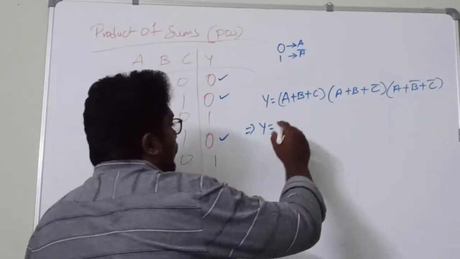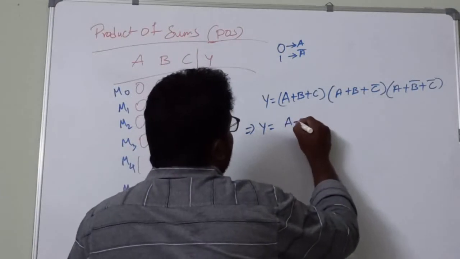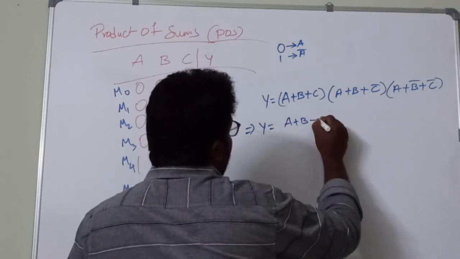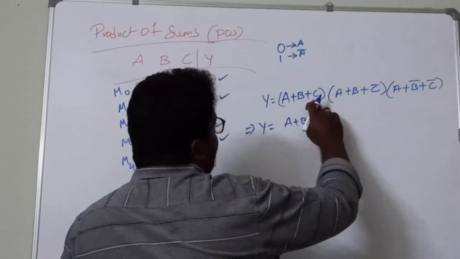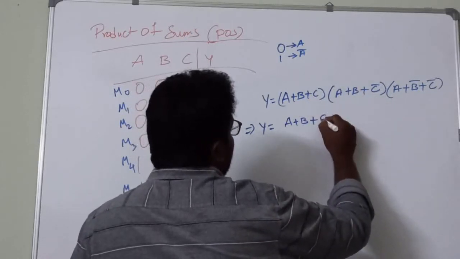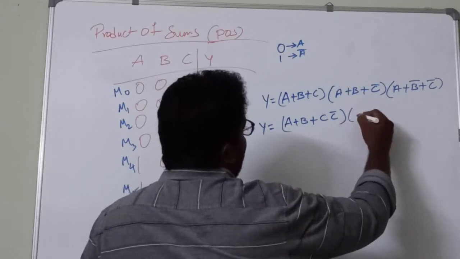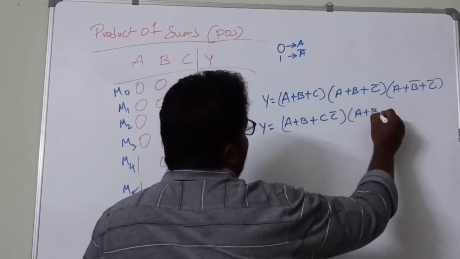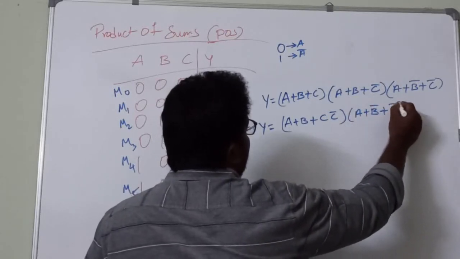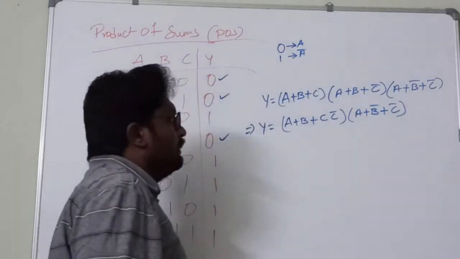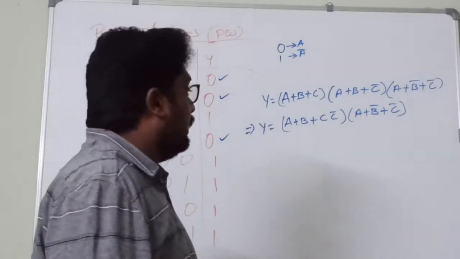So now I am taking A plus B as common, and I am finally left with these two, that is C and C complement, and next A plus B complement plus C complement, right?